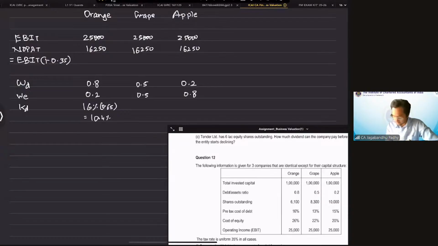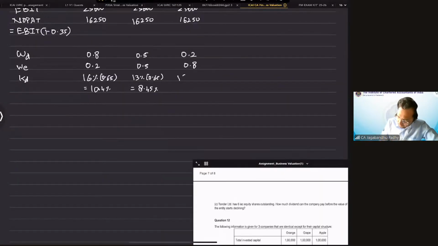Then 13% into 0.65 is 8.45%. And 15% into 0.65 is 9.75%. So that's your cost of debt: 10.4, 8.45, 9.75%.